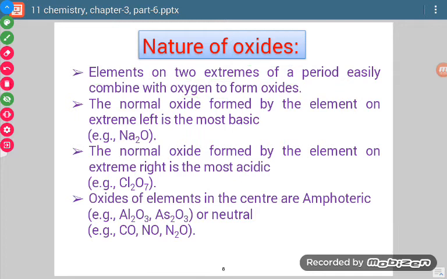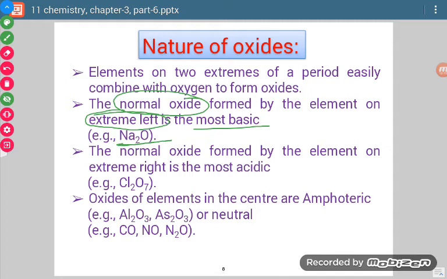On the extreme left, group 1 and group 2, they form normal oxides, or oxides of metals.